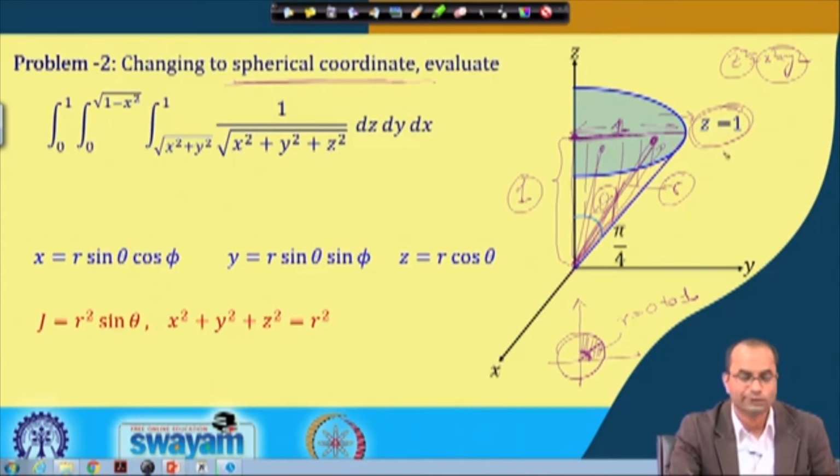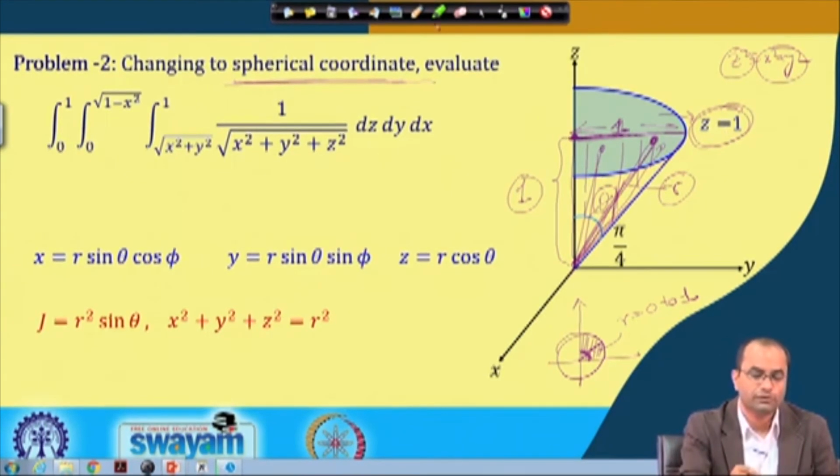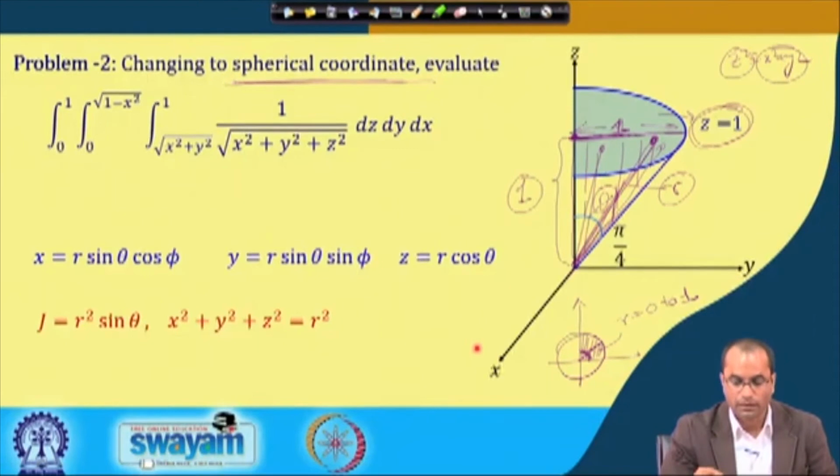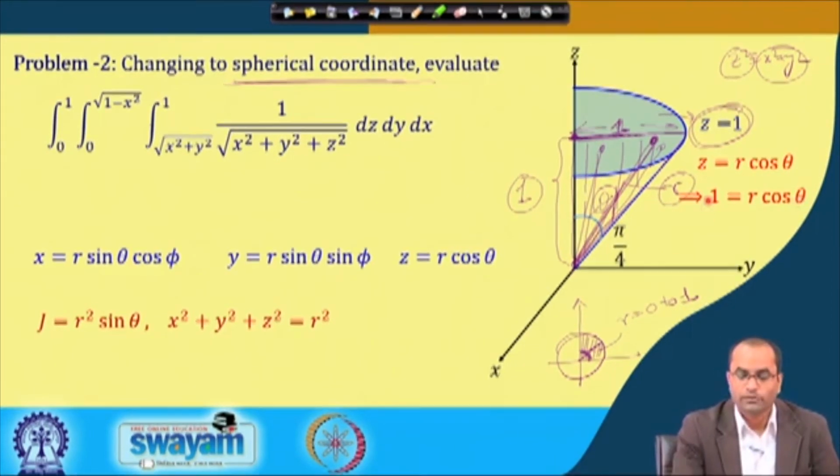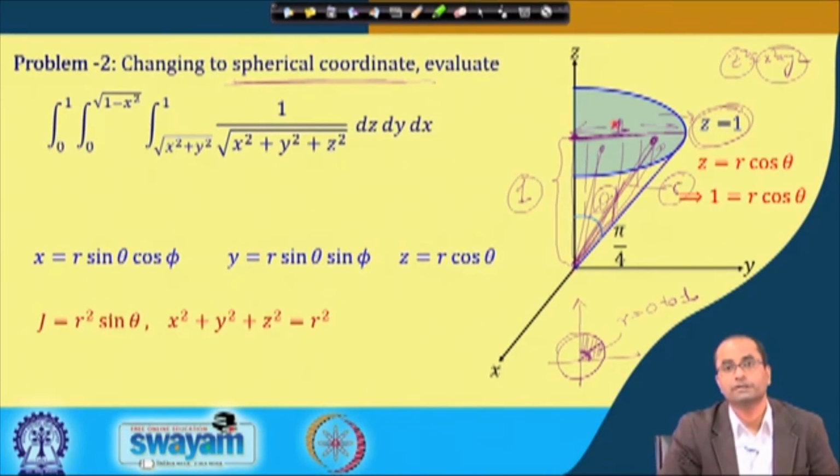So, that z is equal to 1 will suggest the limits of r, because z is already given as r cos theta. So, r cos theta is equal to 1 will give the r, because it depends on this angle theta. Here for example, when theta is pi by 2, this r is nothing but 1, but here it is different and it is varying with theta.